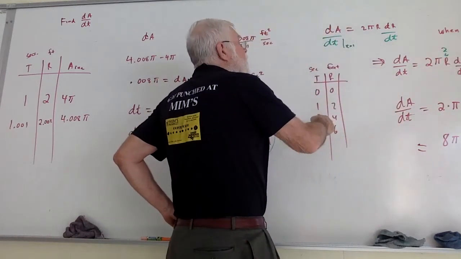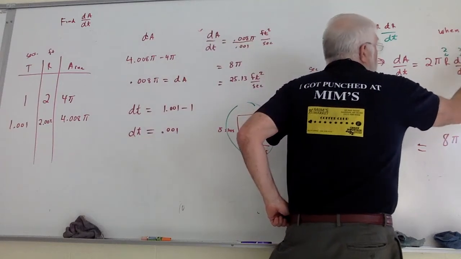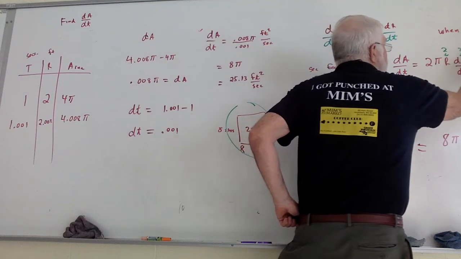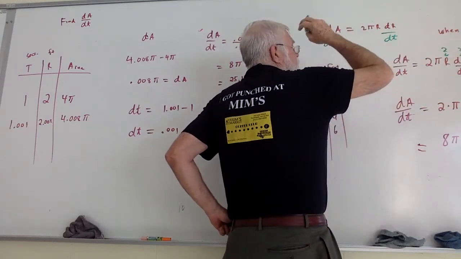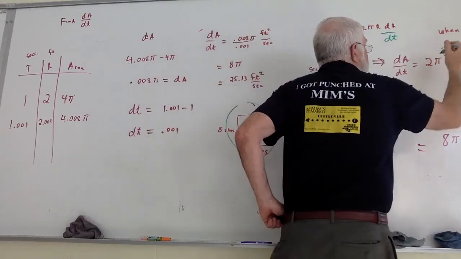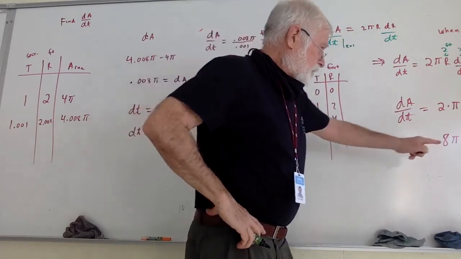Oh, and dr dt is 2. That's 2 feet per second. And this is when r is 2 feet. Well, that sure gives me square feet per second, doesn't it? Gives me square feet.